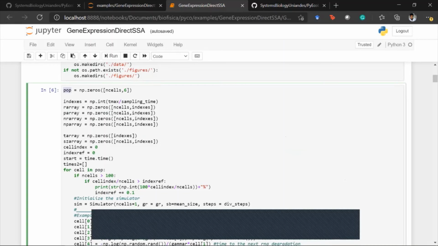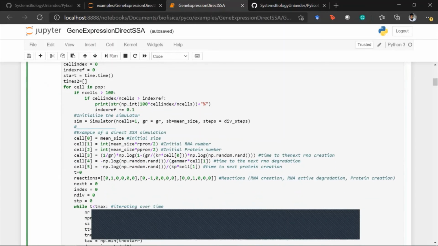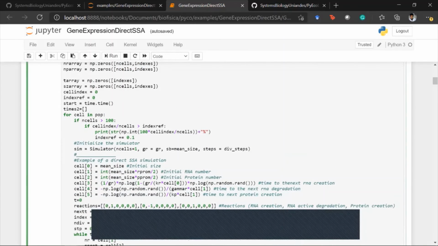First, I define an array of population with a given number of cells and 6 properties. One of them is the size.